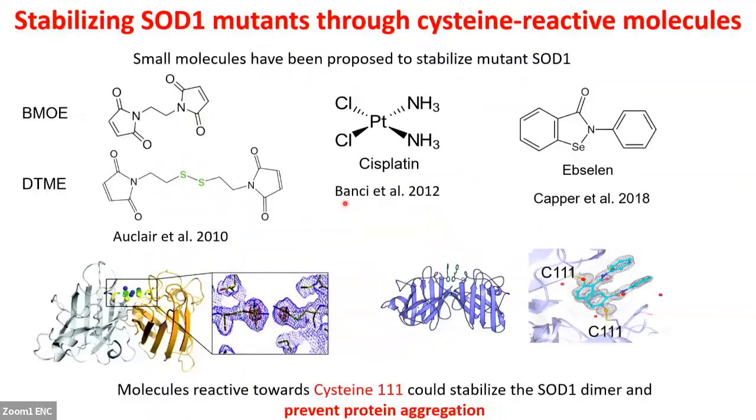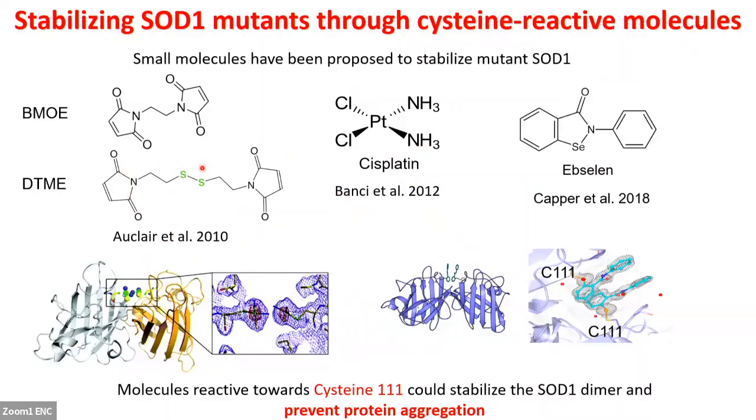What I would like to present is more how this approach can be exploited to characterize binding of small molecules. In the specific case of the pathological mutants of SOD, they tend to monomerize and then form aggregates.